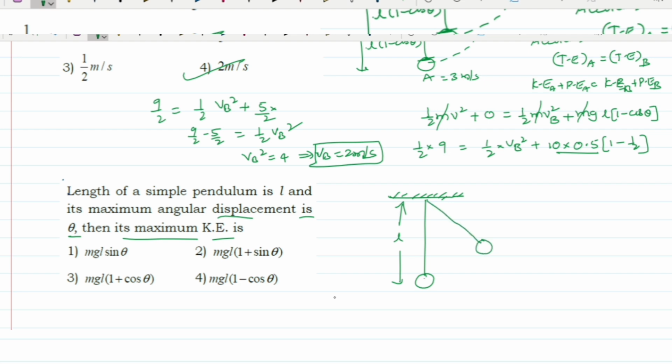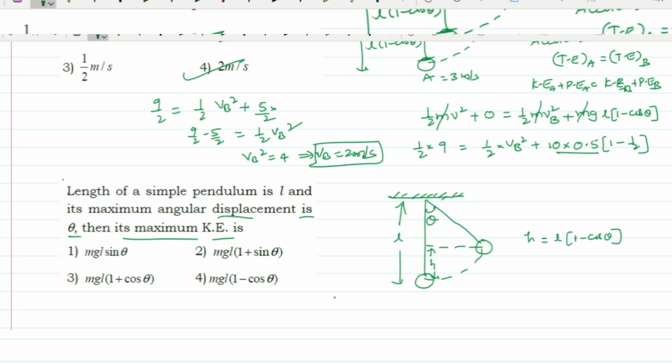Suppose it rises at the maximum angular displacement to a height h. H equals, as we have already seen in the previous cases, L into 1 minus cos theta.